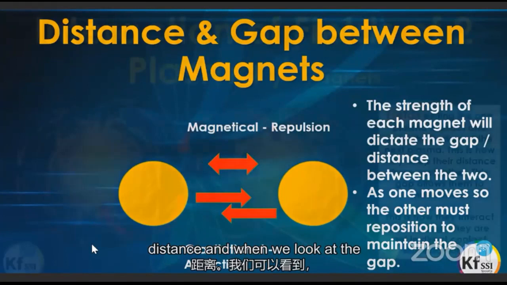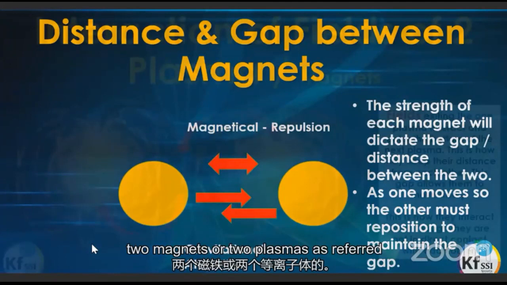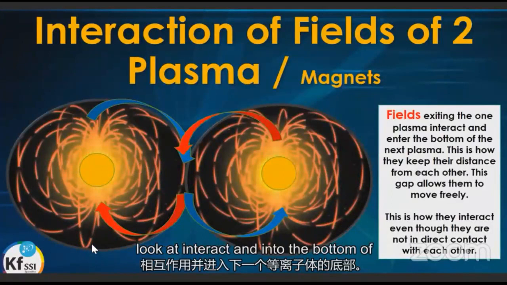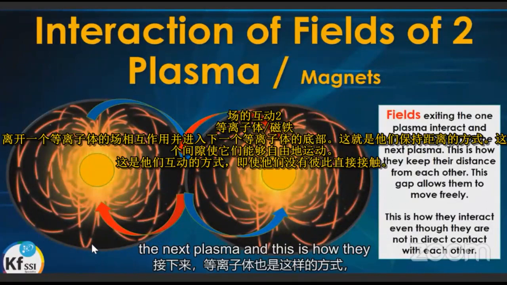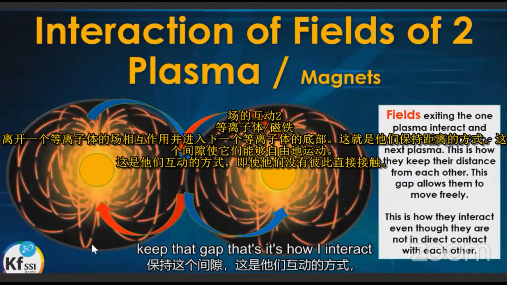And when we look at the interaction of the fields between the 2 magnets or 2 plasmas, the fields exiting the one interact and enter the bottom of the next plasma, and this is how they keep their distance from each other and keep that gap.